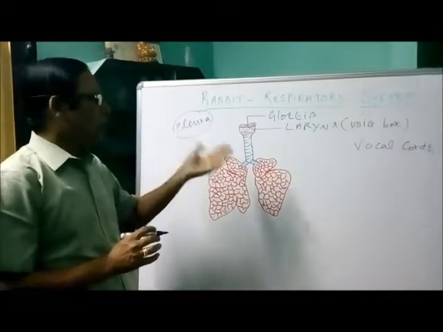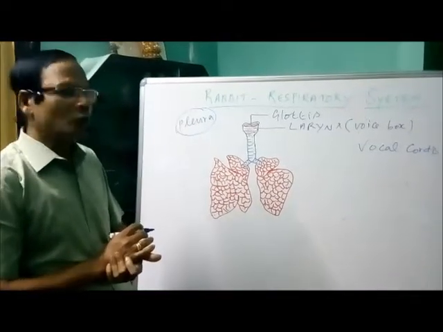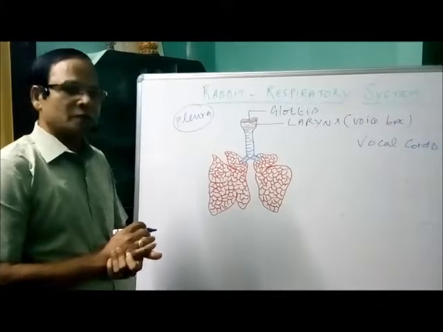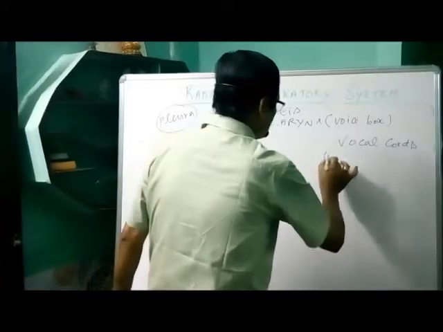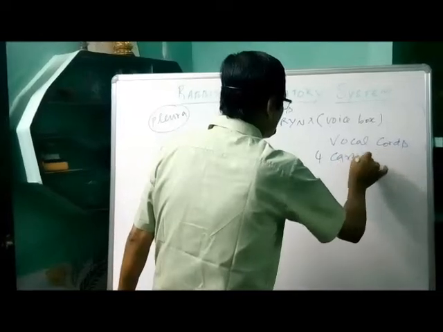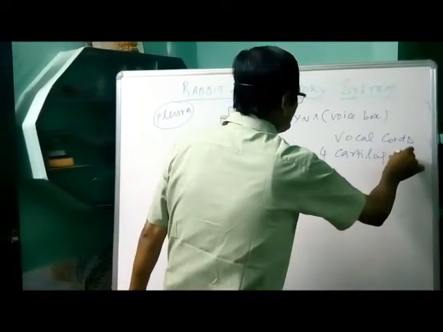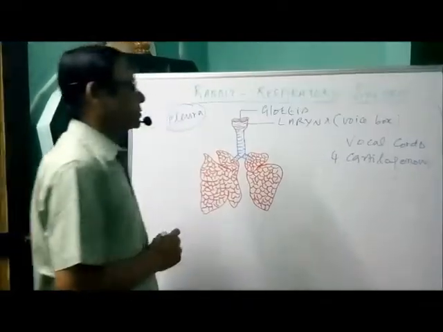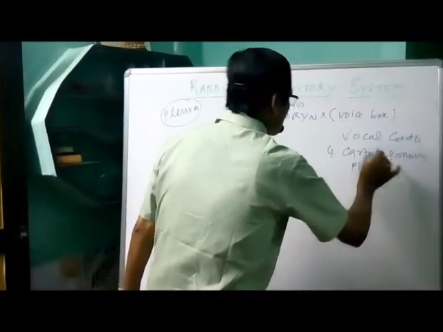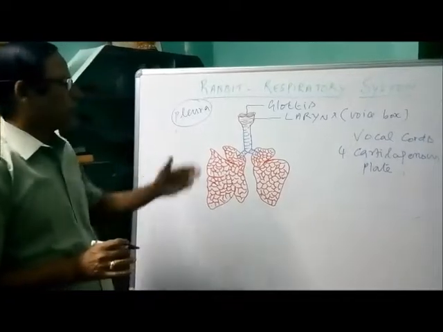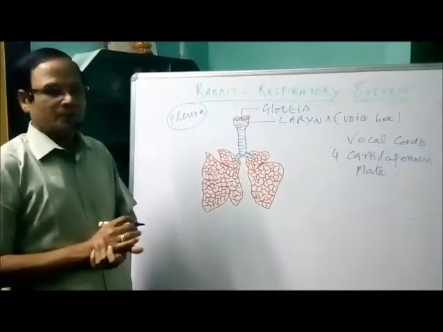So, the wall of the larynx is supported by four cartilaginous plates, inside which we have the vocal cords, the vibrations of which produce the sound.